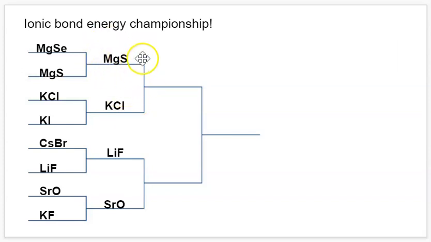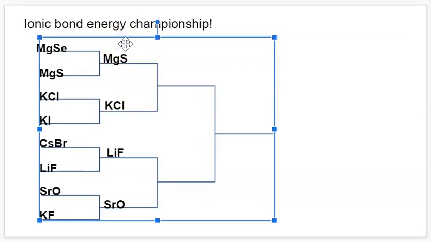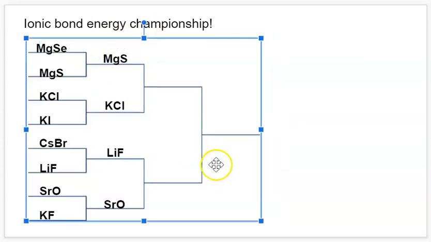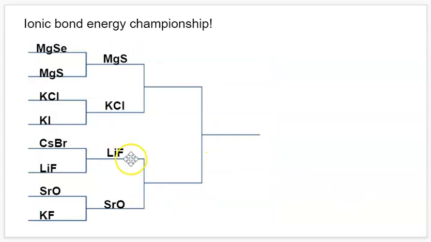So I think magnesium sulfide is going to win this one because it's +2 and -2. For this next matchup, lithium fluoride versus strontium oxide, we have +1, -1 versus +2, -2. Similar situation. Even though lithium fluoride is much smaller, the larger charges are going to win out in the end.